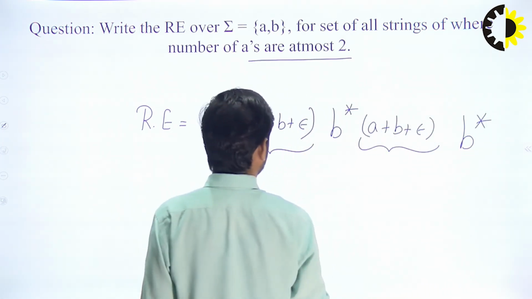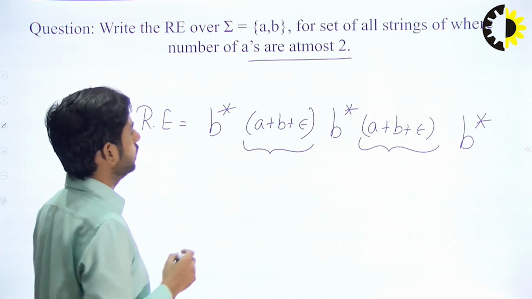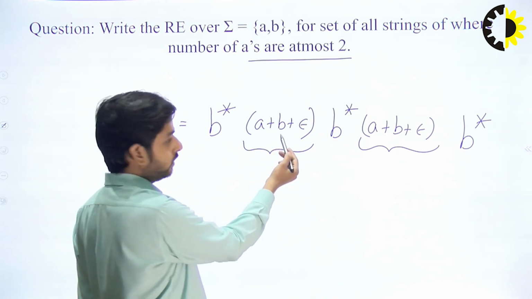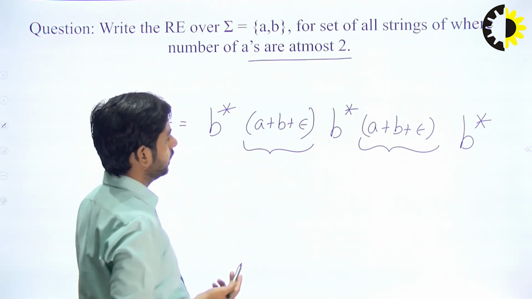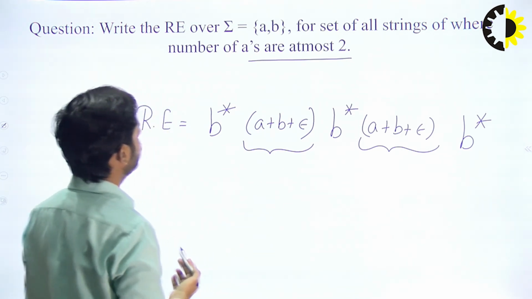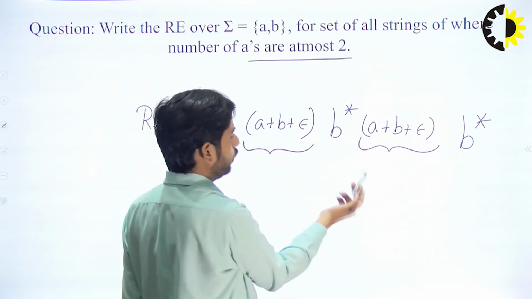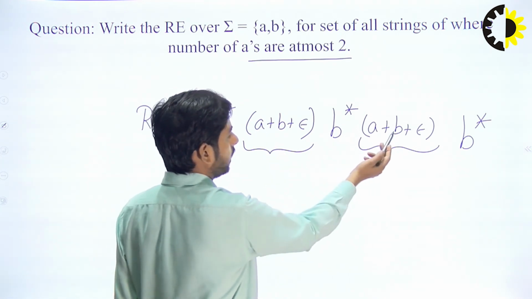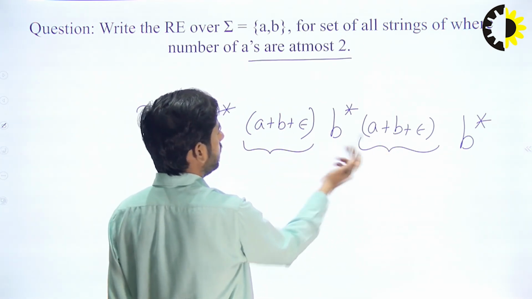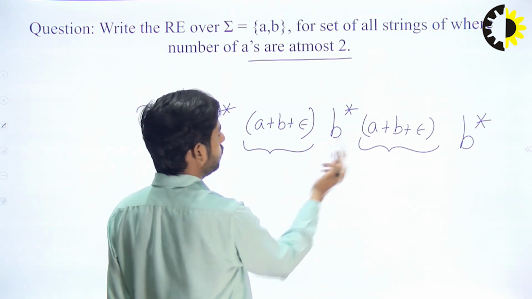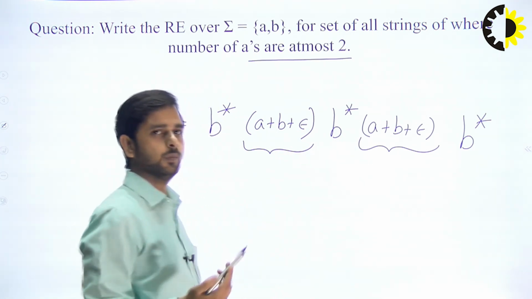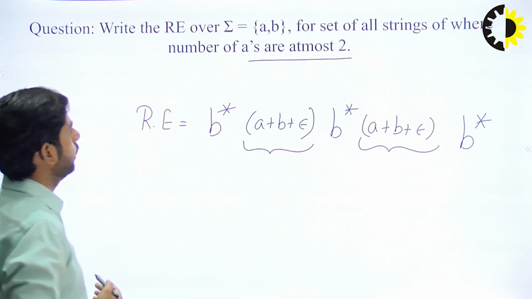Okay, so at most there are 2 a's. If epsilon will be taken, then there can be epsilon, 0 a's. There can be a, there can be b, 1 a, b, a, 1 a, b, b, 0 a, a, 2 a. At most 2 a's are possible.